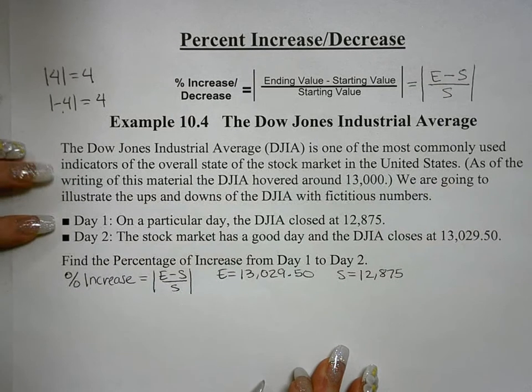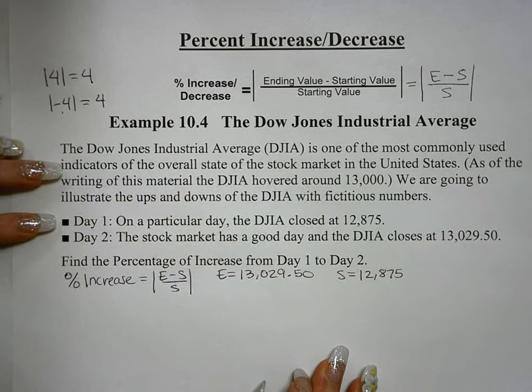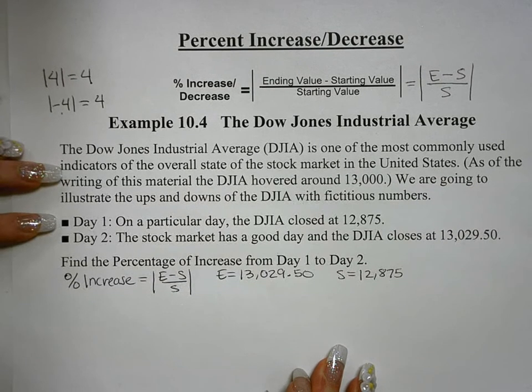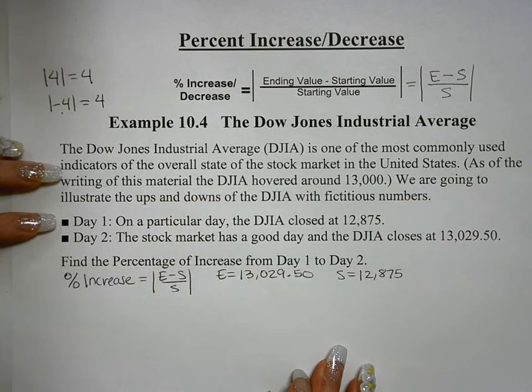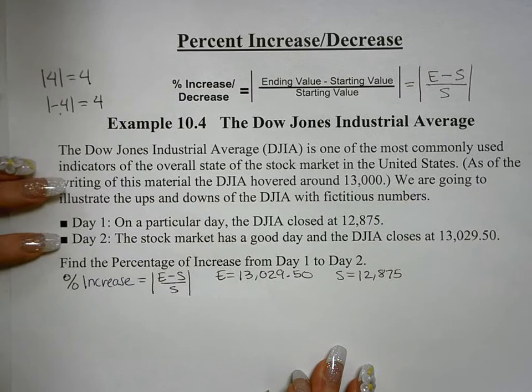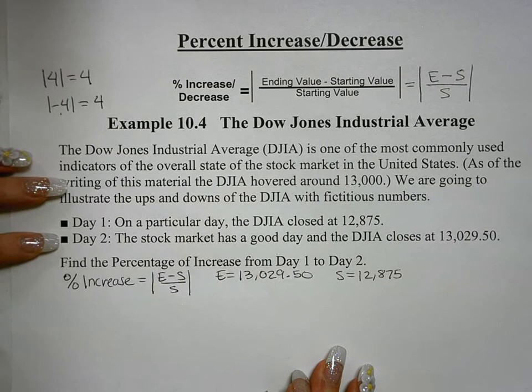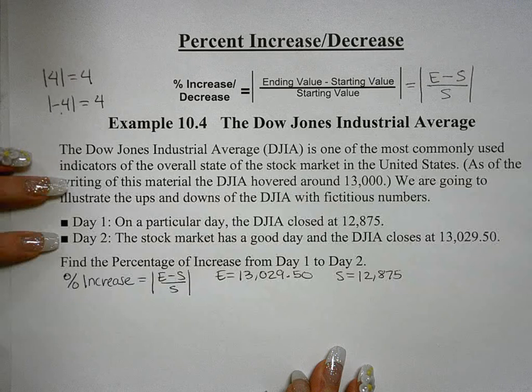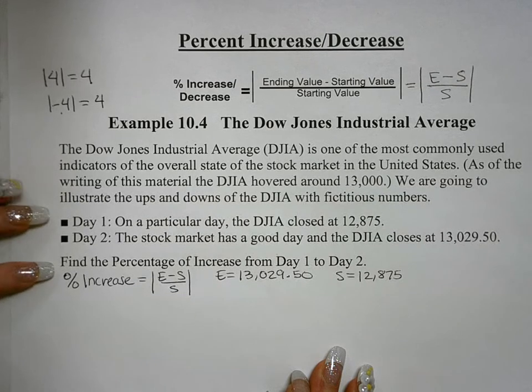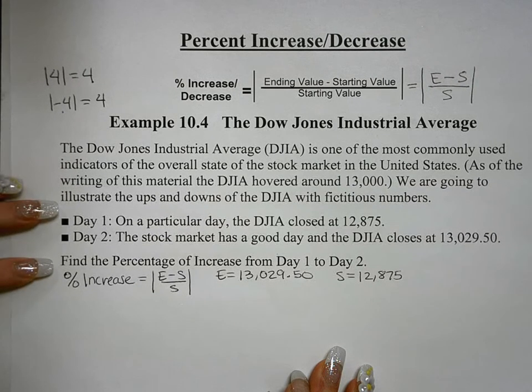So let's say on day 1, on a particular day, the Dow Jones Industrial Average closed at 12,875. On day 2, the stock market has a good day, and the Dow Jones Industrial Average closes at 13,029 and 0.50. What we're asked to do is find the percentage increase from day 1 to day 2.